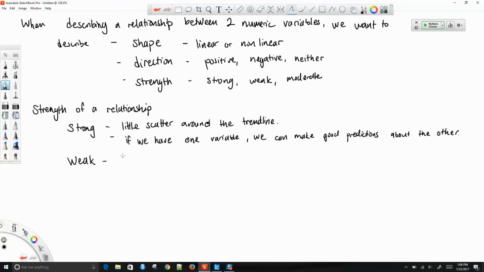This is lots of scatter around the trend line, meaning that if we have one variable, we can make predictions, but our predictions will not be very good.